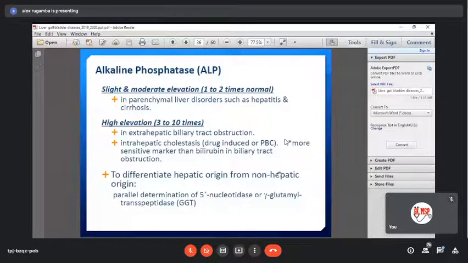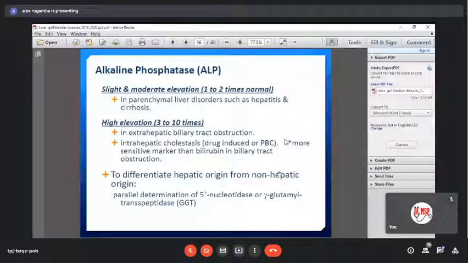So for slight or moderate elevation of alkaline phosphatase, you may predict something like hepatitis, infection or alcohol. But if it is highly elevated, 3 to 10 times, then you may think there is an extrahepatic biliary obstruction. So there is duct obstruction or intrahepatic cholestasis.